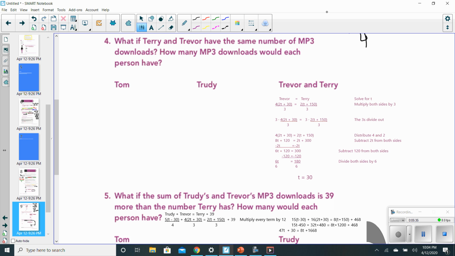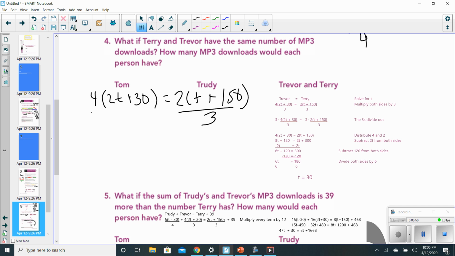Going back, Trevor was 4 times (2t plus 30), and Terry was 2 times (t plus 150) divided by 3. So these both are divided by 3.